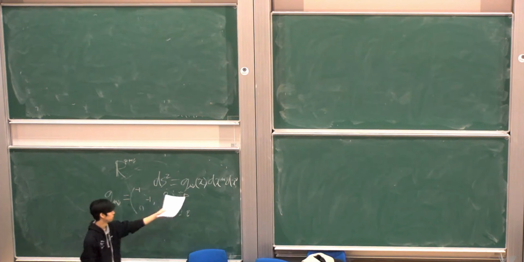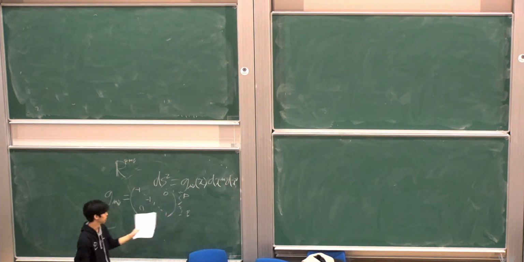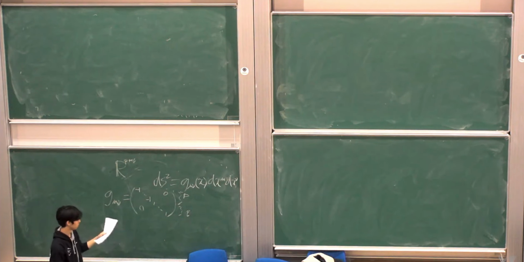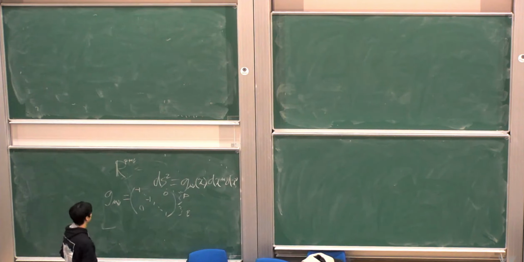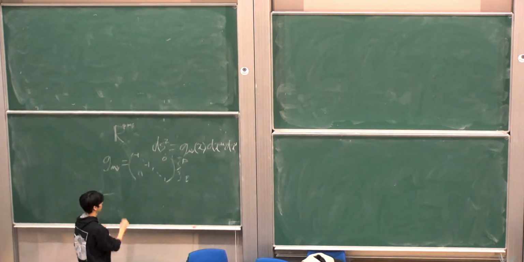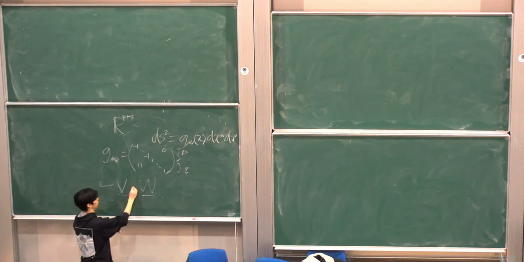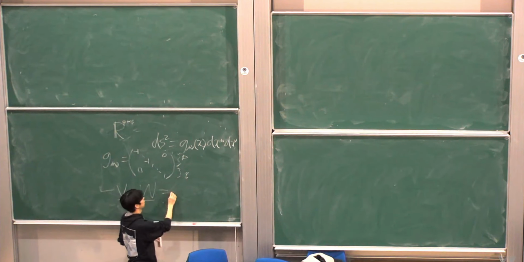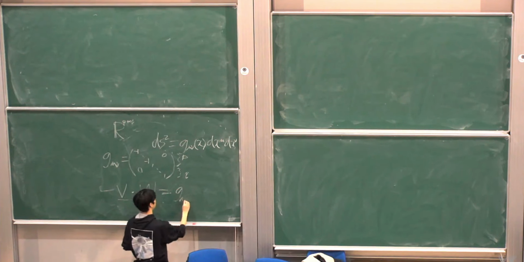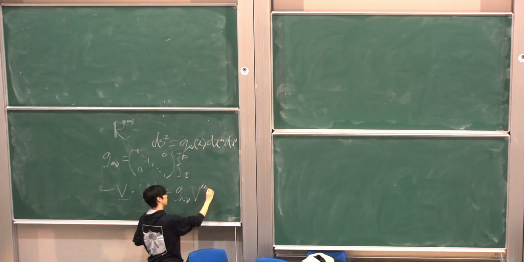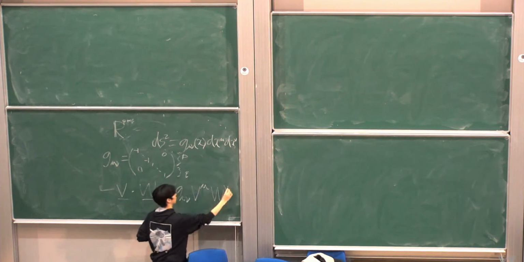That's basically how we do the Pythagorean theorem for generalized flat space. So in this space, the dot product of a vector v and a vector w is g mu nu v mu w nu.